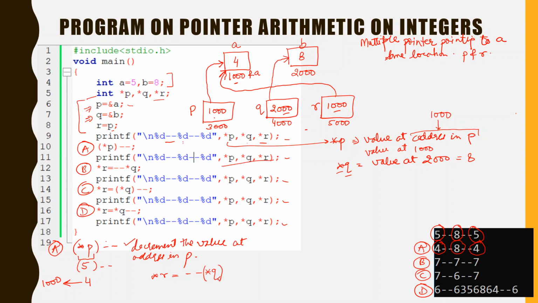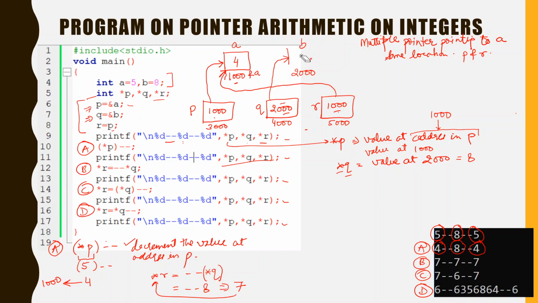So we can convert it like this. This statement means like this. So this would be minus minus, and value at address in q is 8 because q has address 2000 and at 2000 the value is 8. So minus minus 8 would lead to 7, and 7 would be assigned at the location which is stored in R. At R the location stored is 1000.